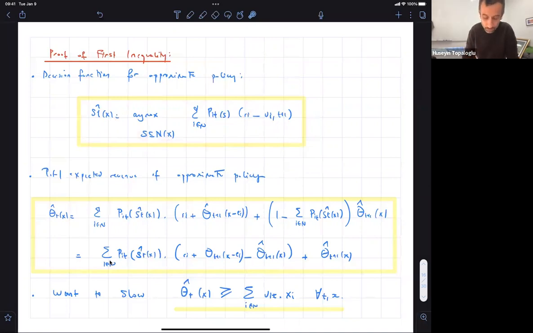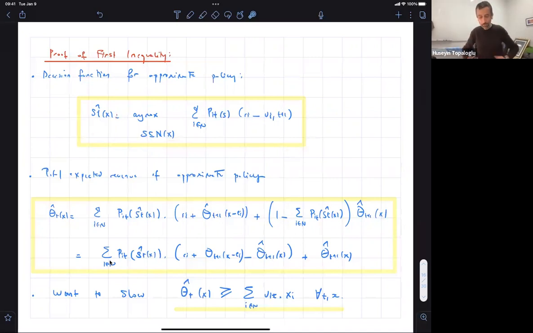Let's use s hat t of x to denote the assortment offered by my approximate policy, given that I'm sitting at time period t and the capacities of my products are given by the vector x.